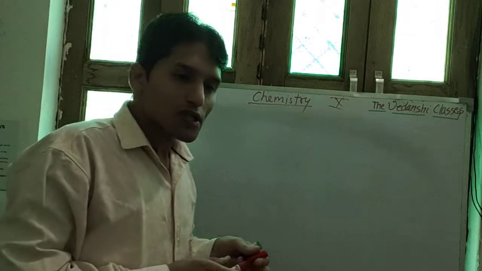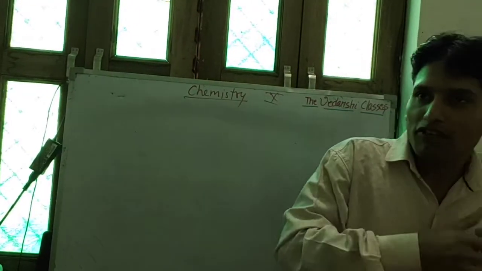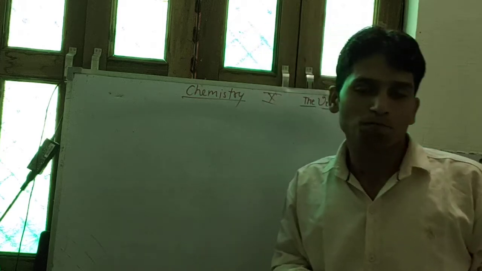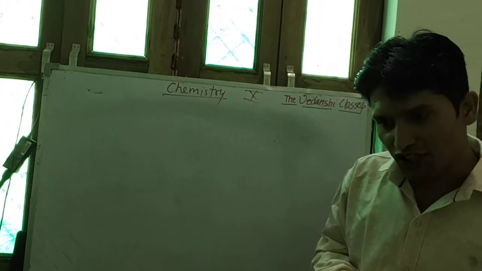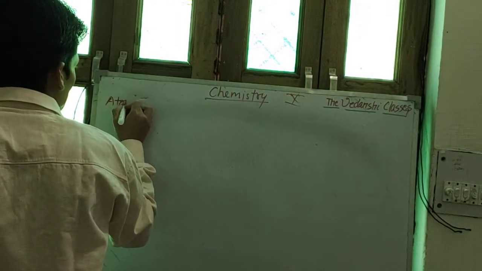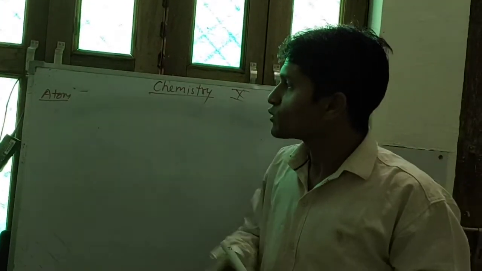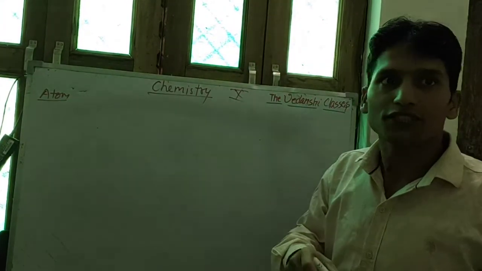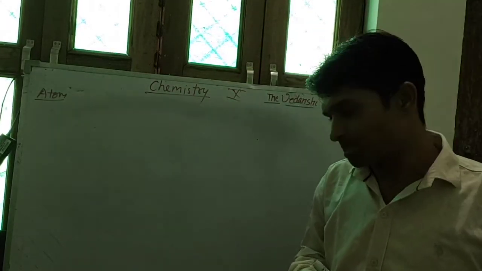Okay, so well students, from the 9th standard you have studied about the matter. In this cosmos or universe, everything, whether it may be living world, non-living world, all the matter, all the things are made up of the very smallest tiny particles. That is called atom. Atom is the smallest particle which may or may not exist freely but takes part in chemical reaction.